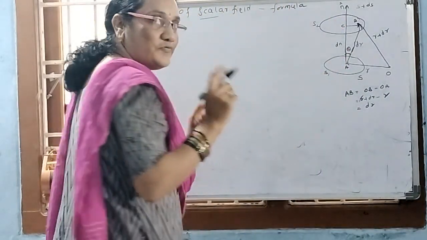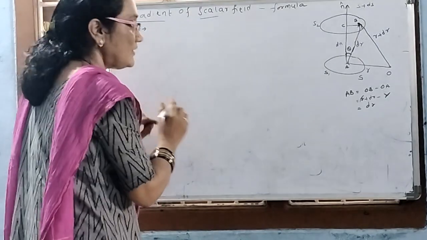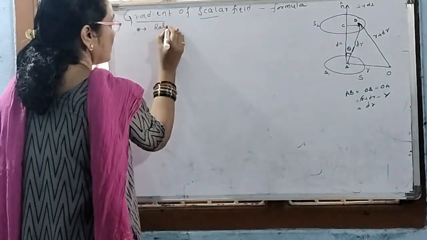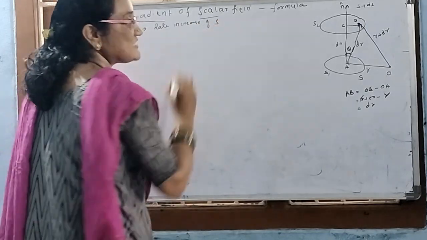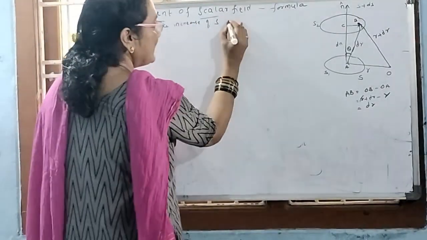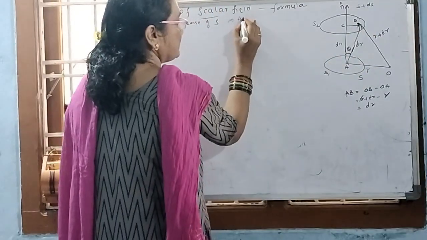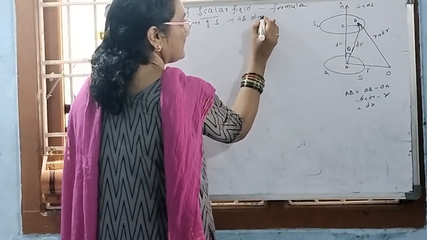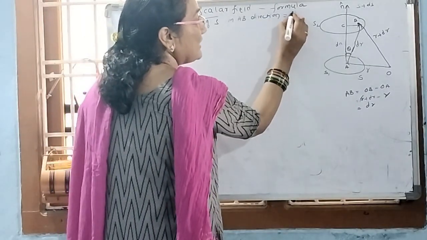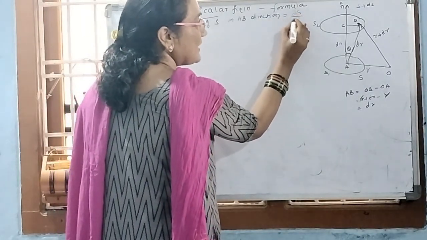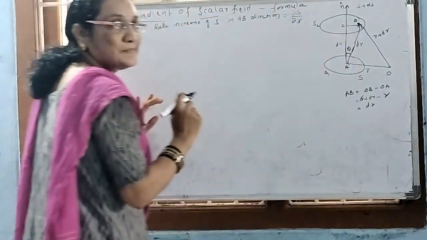So, now first point, the rate of increase of S in the AB direction. What we will write? The increase of S, dou S by dou r, in the AB direction, the distance from A to B is dou r.